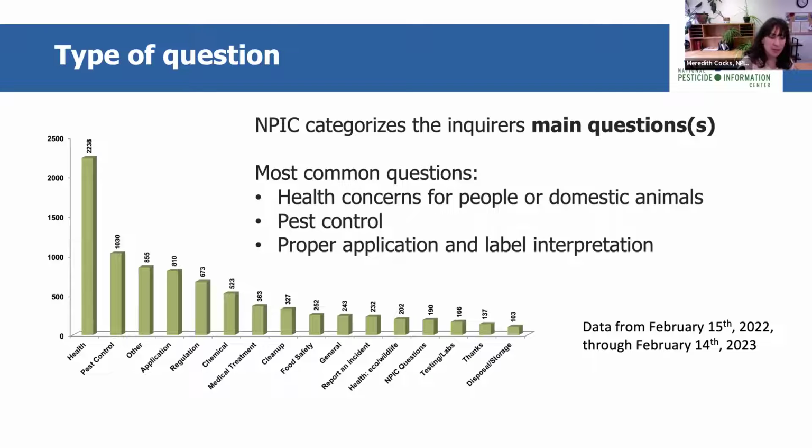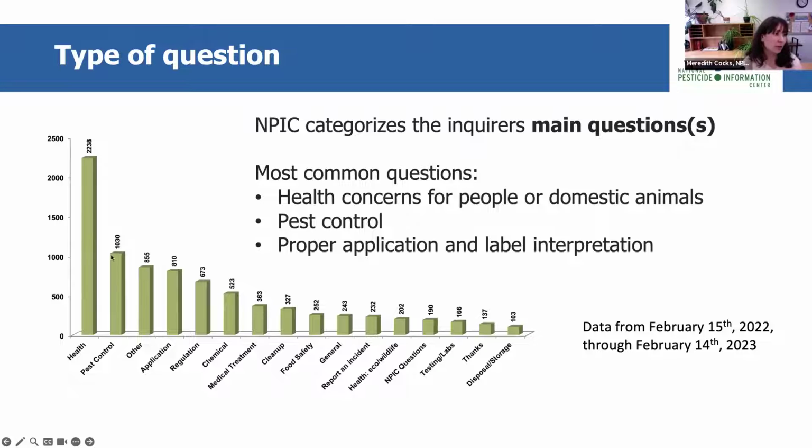Other topics that we hear about fairly regularly include regulation topics, how to clean up after a spill, concerns for the environment, medical treatment, and increasingly financial assistance. That would mean, how do I get financial assistance for pest control or remediation related to pesticide use?